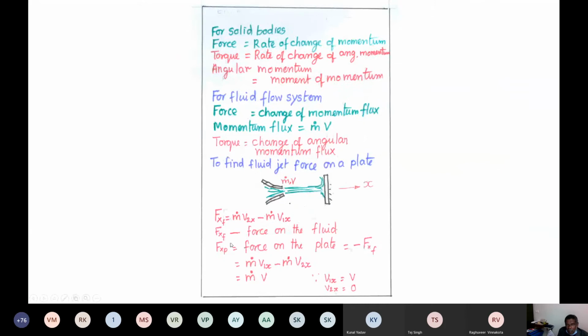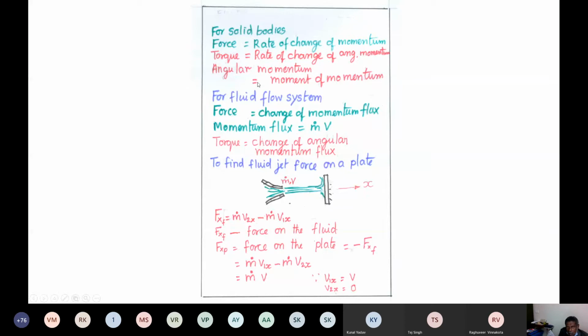So this is an intermediate piece of information for the derivation, because here we will actually try to find out the torque required for bringing out a change in the velocities. That is the general method of the derivation. Now, similar to torque, we have force. So for solid bodies, force is equal to rate of change of momentum, and torque is equal to rate of change of angular momentum.